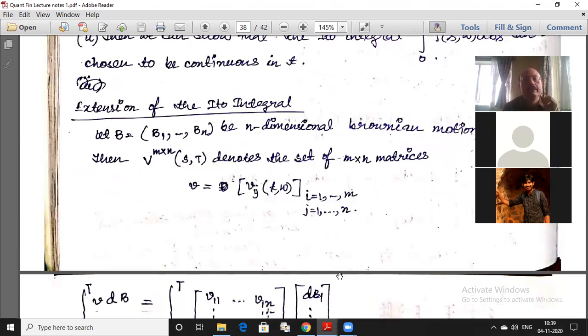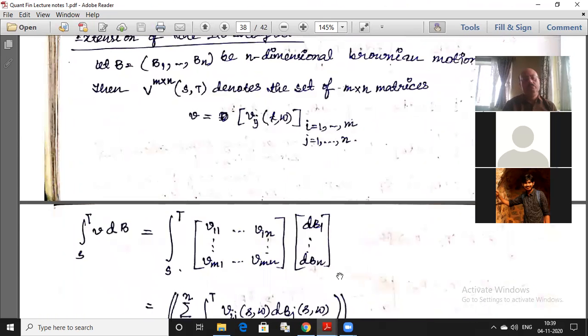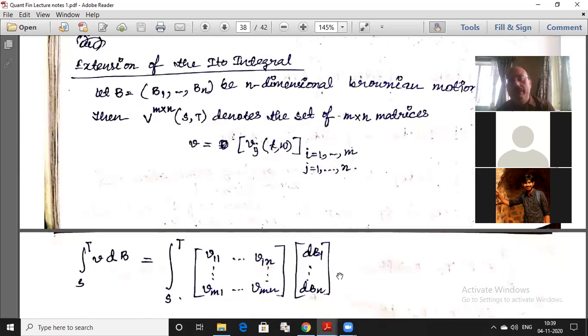And finally, we ended up with a very broad outline of an extension of the Ito integral to multi-dimension. As I said, we are not going to be using it a lot, but in some financial market situations, we need to understand how asset prices behave when there are more than one sources of uncertainty.